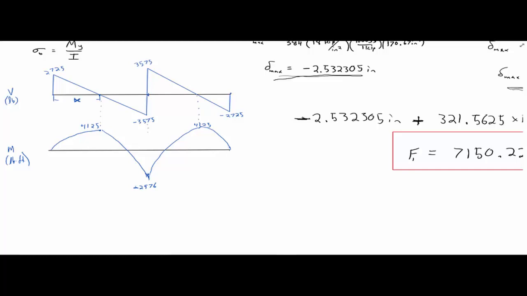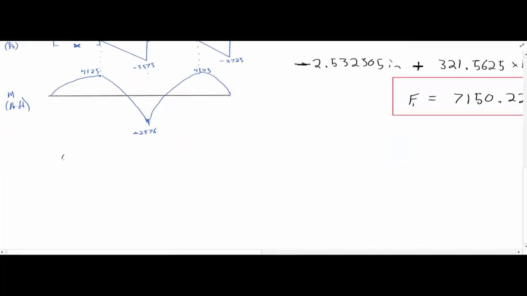Okay? So now that I know my moments, what's the maximum bending stress? Maximum bending stress is sigma equals the moment multiplied by y divided by I, and our maximum moment occurs at these points, and so M equals 4,125 pound, but what were my units here?